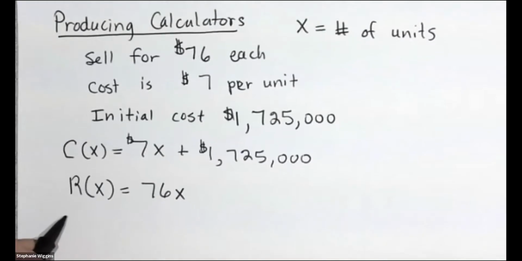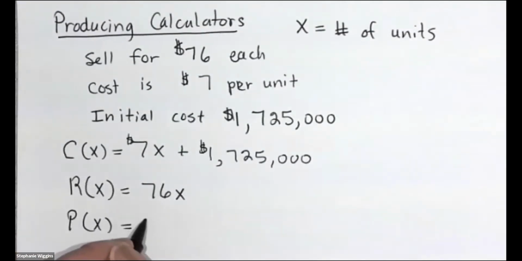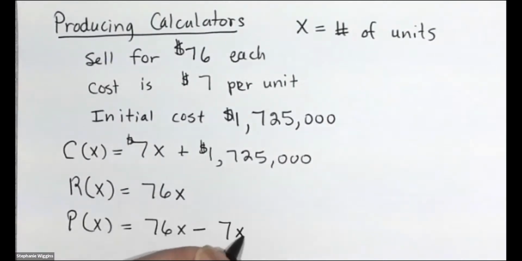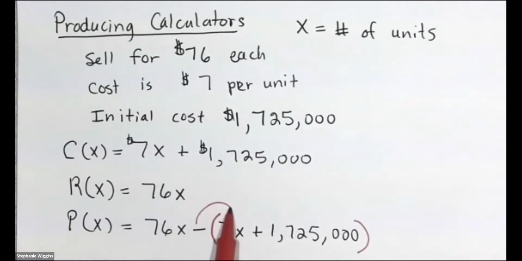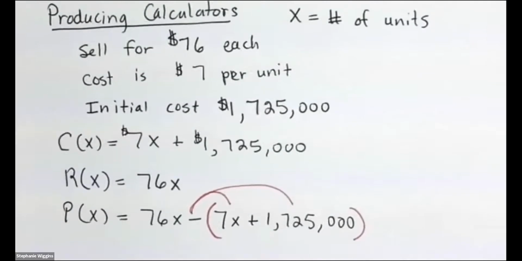And then the profit is going to be the difference between those. So you take your revenue and subtract your cost. Now be careful when you're subtracting your cost. You want to make sure you have parentheses around that because you're subtracting the whole cost. So this negative gets distributed throughout.